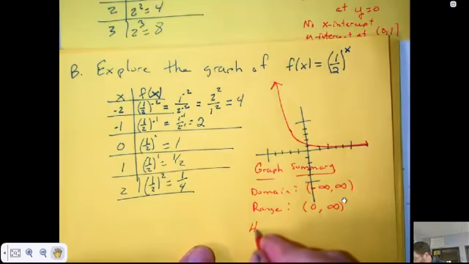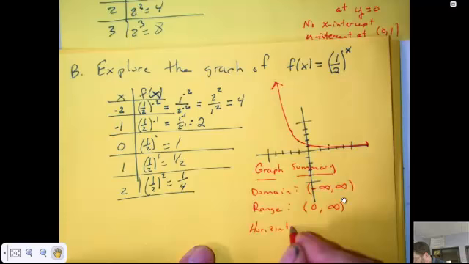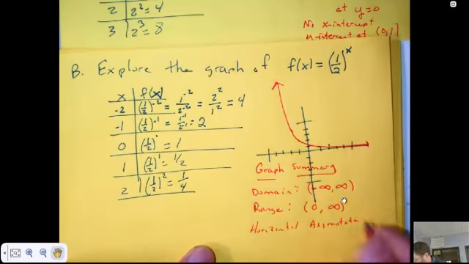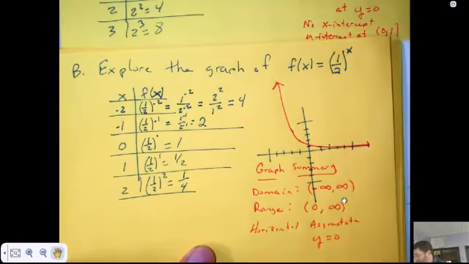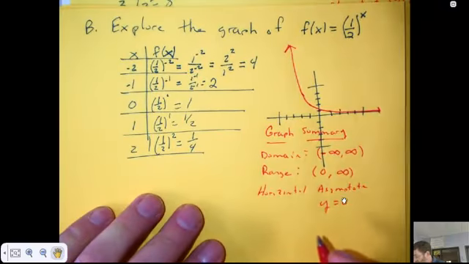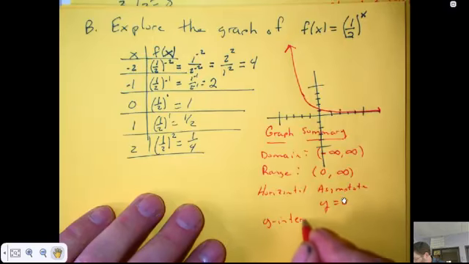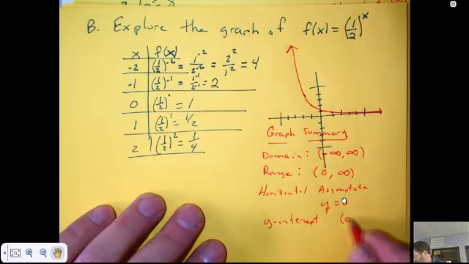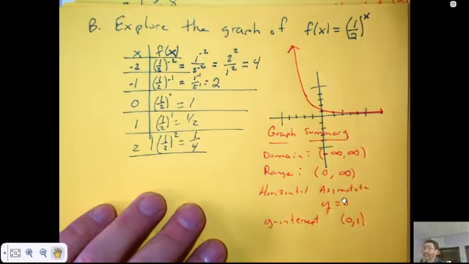The horizontal asymptote, same. And the y-intercept is 0, 1 again. So that's the same.